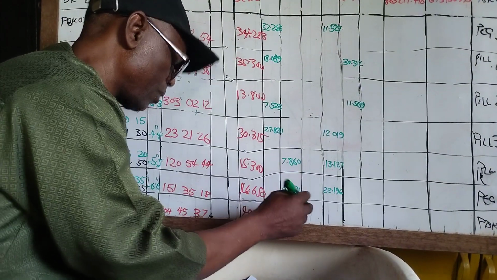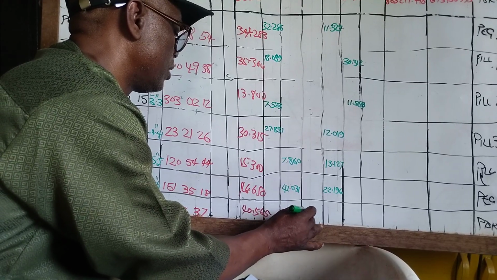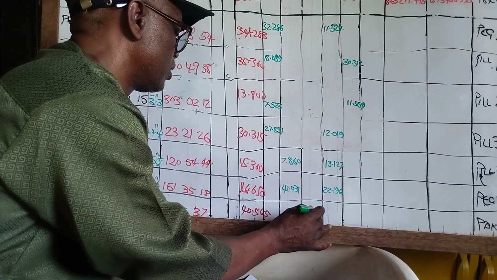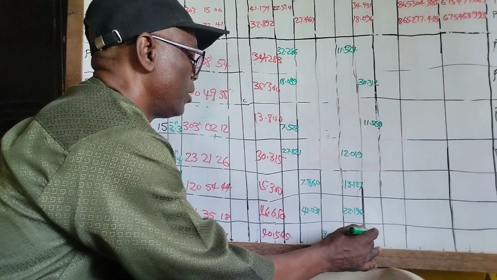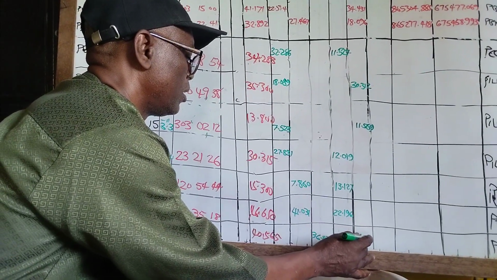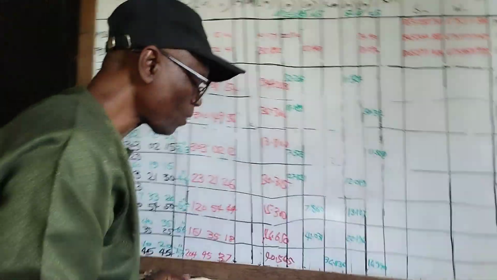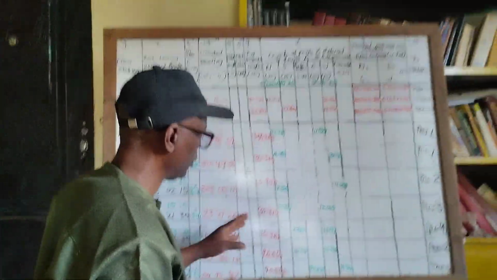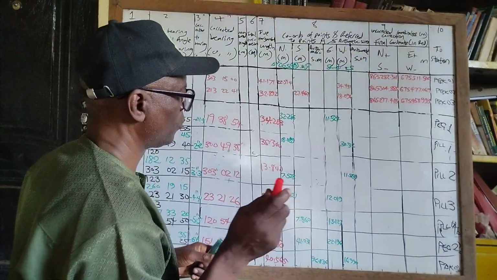Minus 36.836. And minus 16.990. So with this, you can do a very quick check before going further.